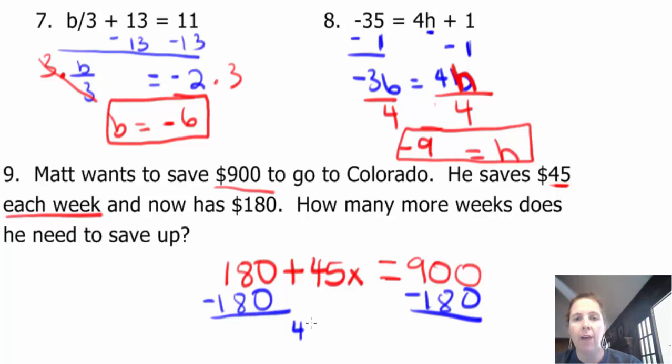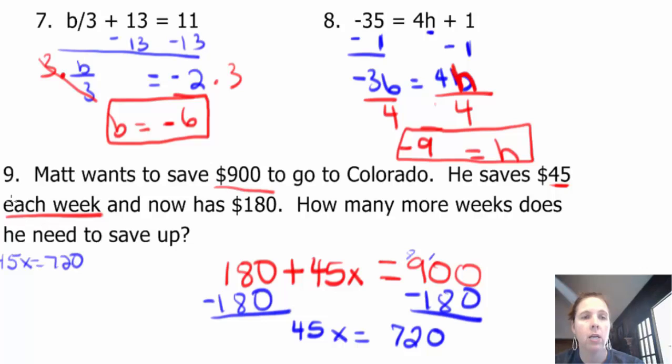So 45x equals, what is that? 720. Is that right? So 45x equals 720. I'm going to rewrite it over here. Okay?